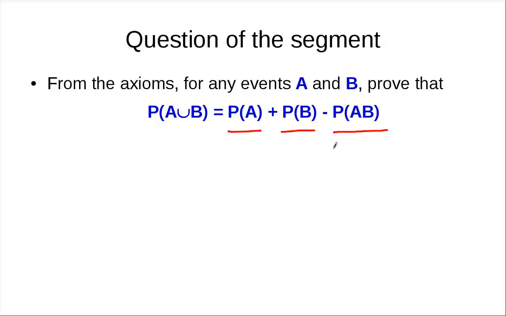With this we can answer the question from the previous clips: what is the condition where the union equals the sum of the probabilities of A and B without this term? That's when this term equals 0, right? So that's the answer for the previous question. But the question of this segment is to prove this.